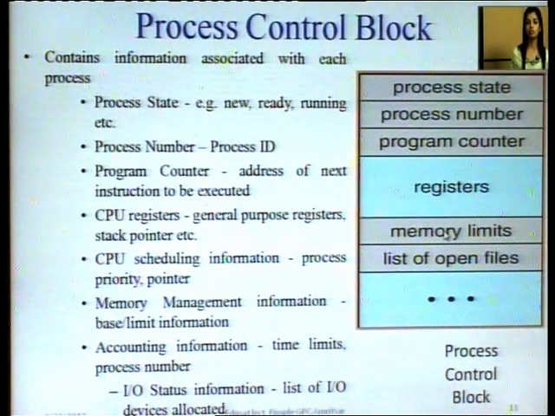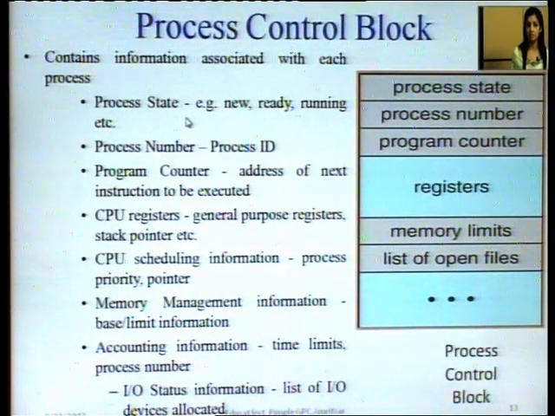Here we are using the memory management system. Then there is a list of open files and so on, which are stored in the process control block. All the information of a process, its states and its control information, should be stored in the process control block. The process control block is associated with each process.